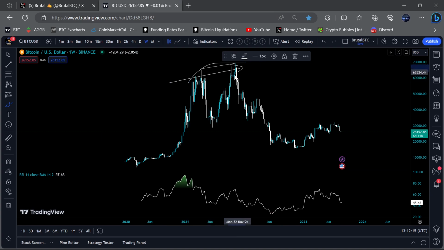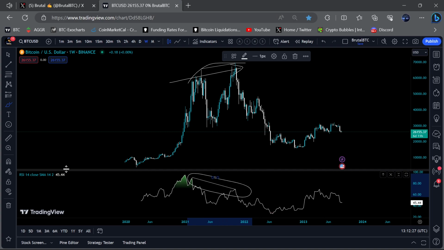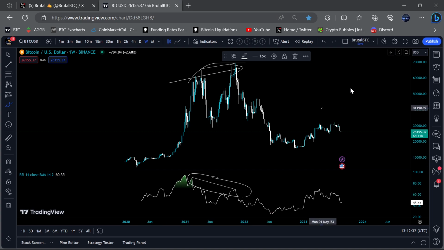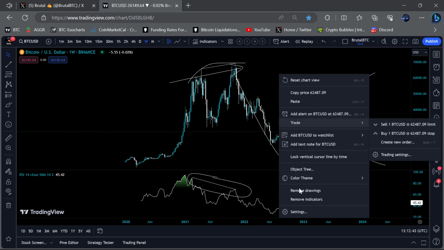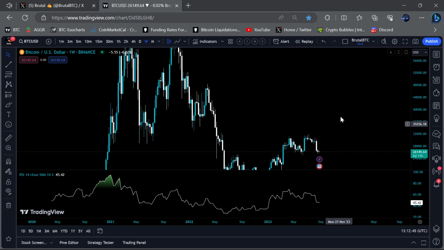Price made highs after highs, and RSI, you have to pick up the exact same spot, and the indicator RSI made lows after lows, right? The price is going like this, indicator is going like this. So this is a bearish divergence that tells you in the coming days the price is going to come down, right?